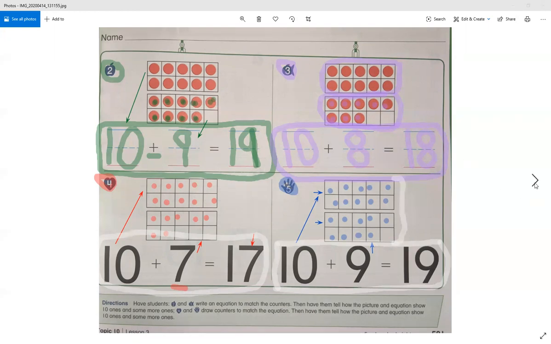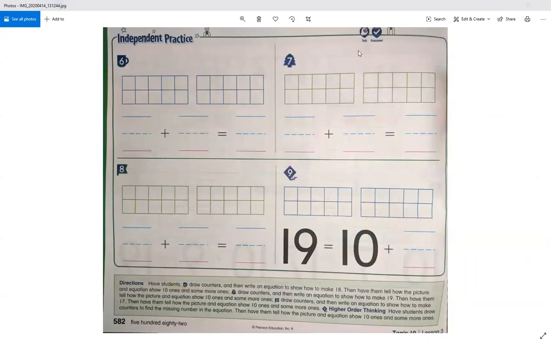All right, let's do a couple more here. So number 6. Draw counters and then write an equation to show how to make 18. So for number 6, make sure you put 6 on your paper. We're going to draw counters and then write an equation to show how to make 18.